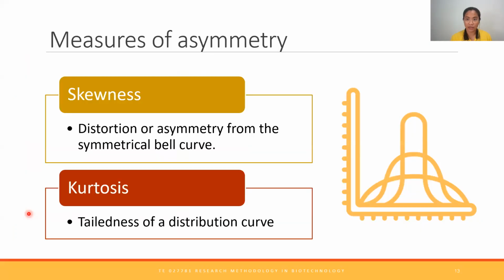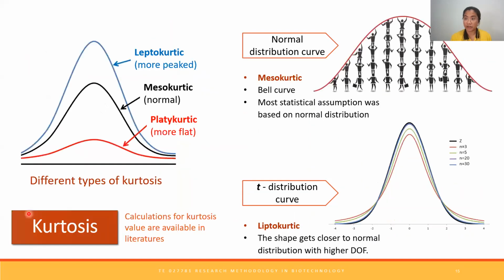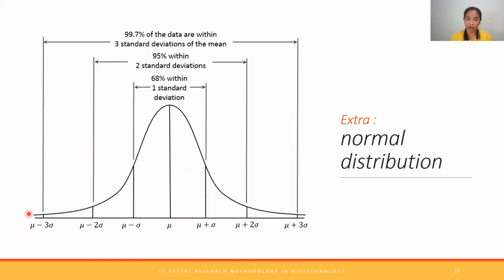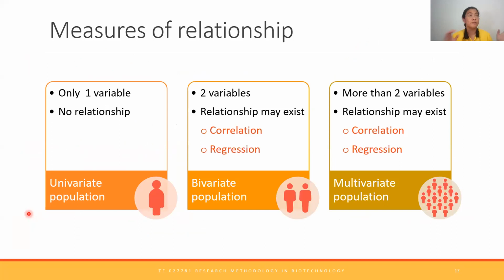Just to note that the first three measures of the data involve each set of the data, which is the univariate population. But once you get into more than one set of data, you can actually find whether the data has any relationship, which last time we talked about as correlation.